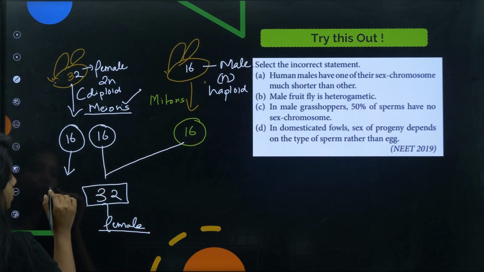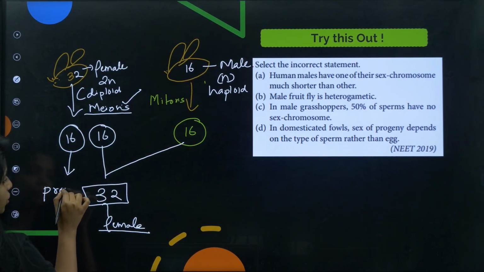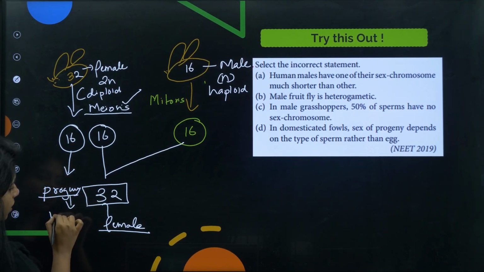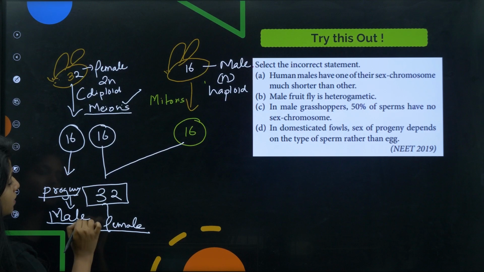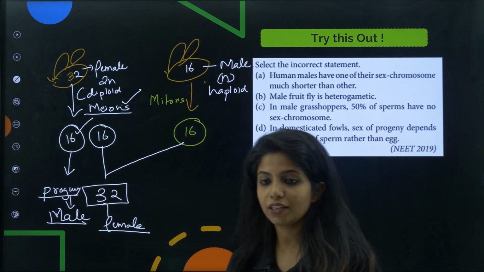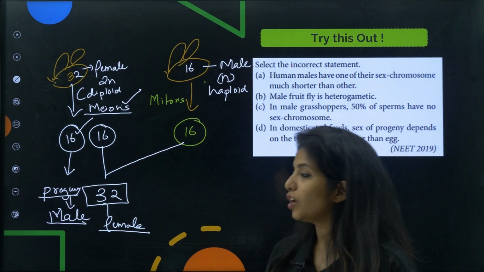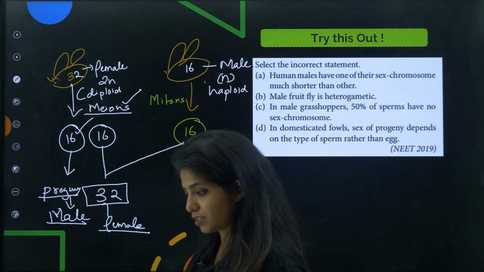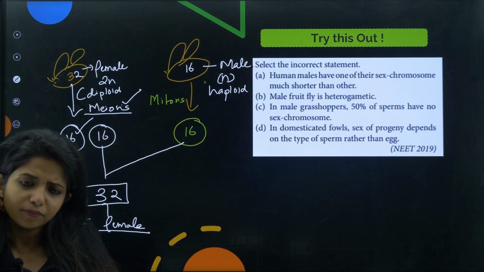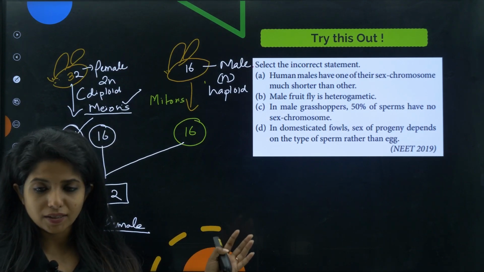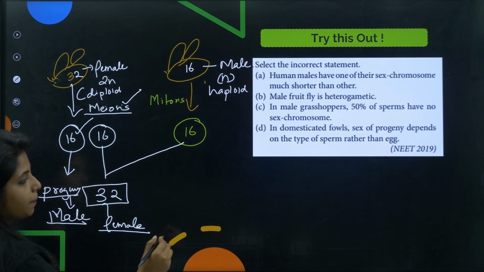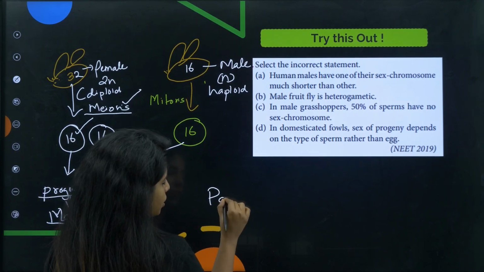Instead, it will undergo division and become a progeny itself, and this will be a male since it just has 16 chromosomes. This process of formation of an embryo or an organism without fertilization is known as parthenogenesis.